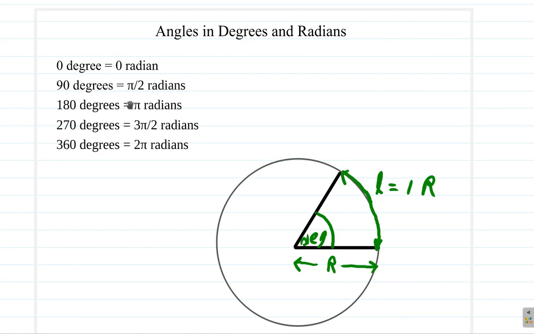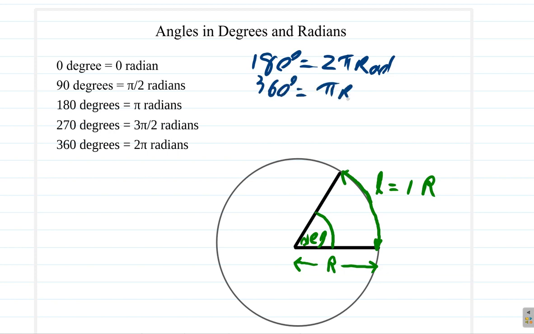If we double the 180, it's 360, and we would double the pi to 2 pi radians. You see? Oh no, I'm mixing myself up.